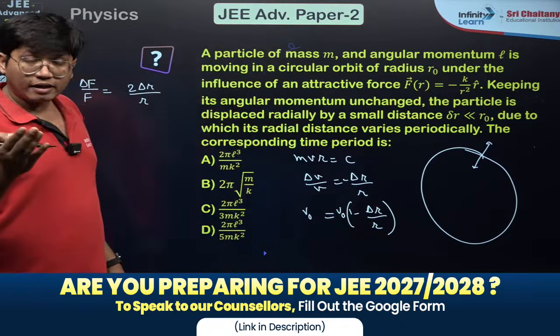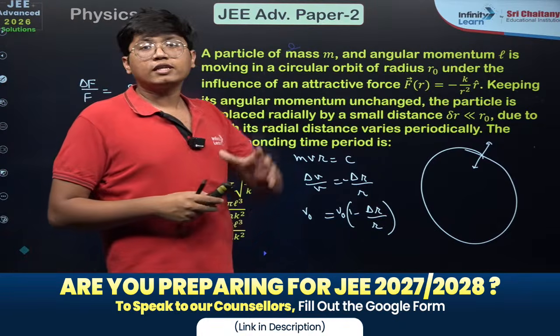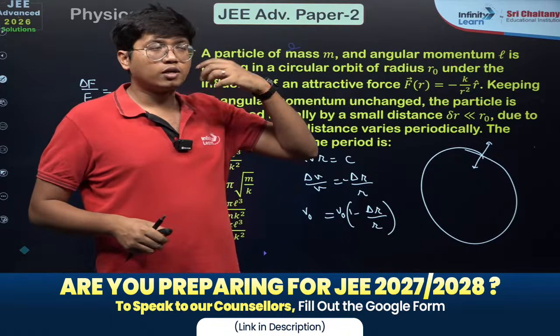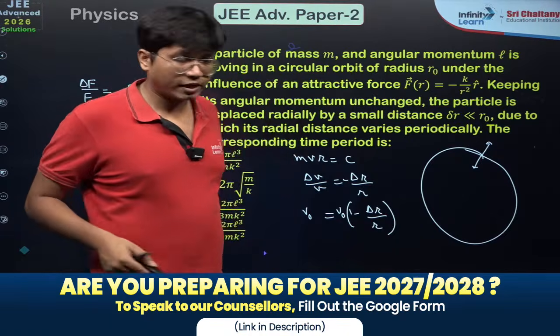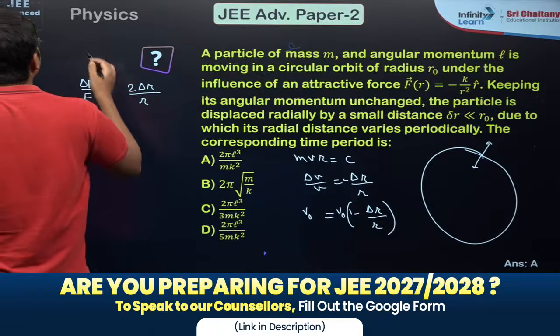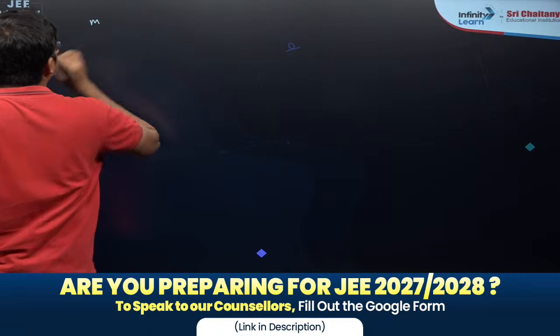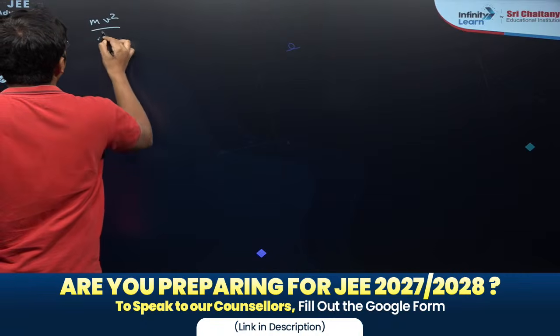And then what does the new speed, what does the new centrifugal force become? Because the centrifugal force is mv square by r, right?